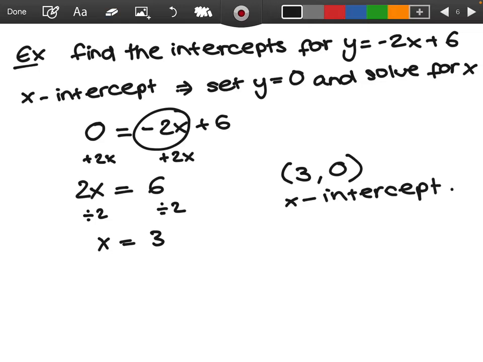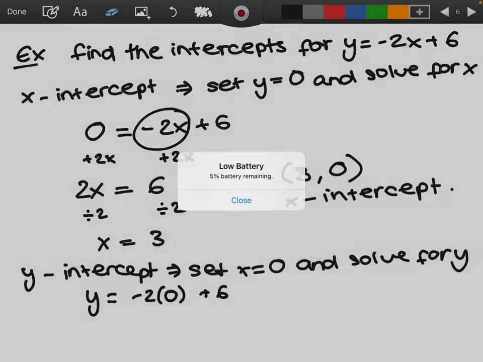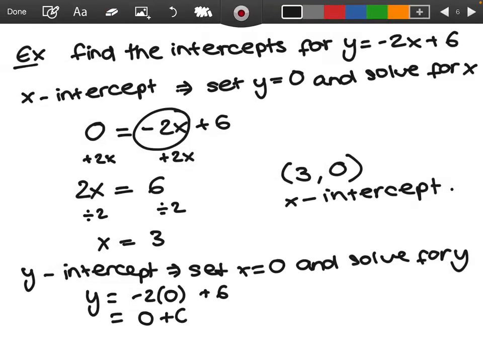How about my y-intercept? For my y-intercept, I'm going to set x equal to 0 and solve for y. So if I set x equal to 0, I get y equal to negative 2 multiplied by 0 plus 6. Negative 2 times 0 is 0, plus 6, which gives me 6.